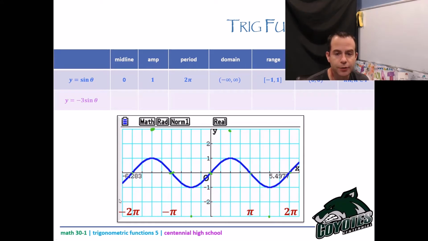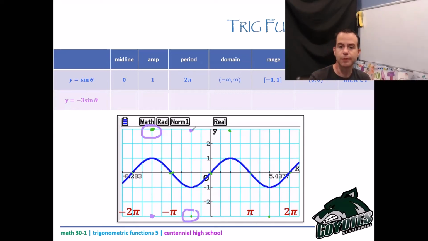Where I had this point at 3, it's now going to come down to -3. Where I had this point at -3, it will now come up to 3 because everything will be reflected. The midline intercepts still won't change because those would be invariant points on a reflection.